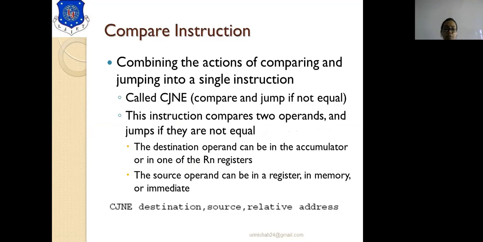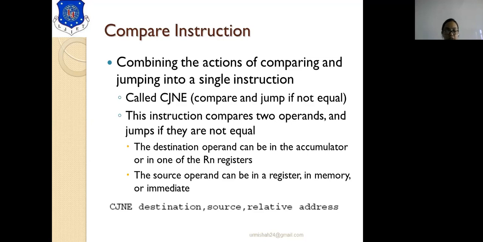Now let's see one more example where we are combining two operations, logical and jump, in a single instruction. Here one instruction has been shown to you, CJNE. CJNE stands for compare and jump if not equal.